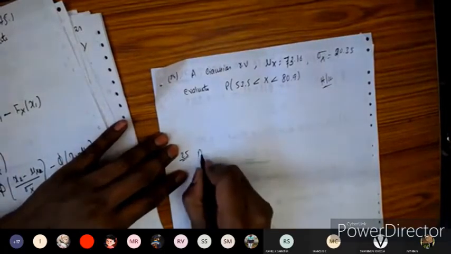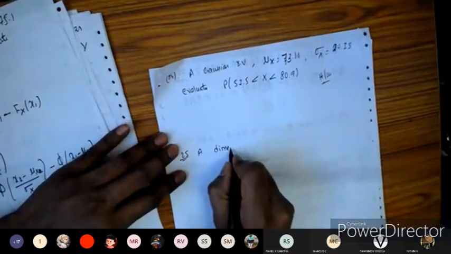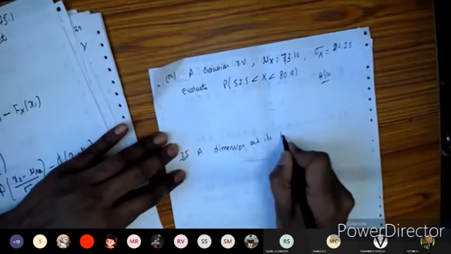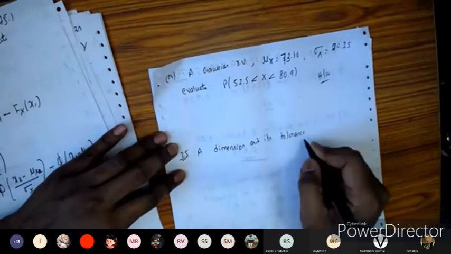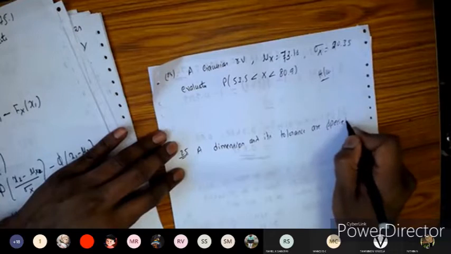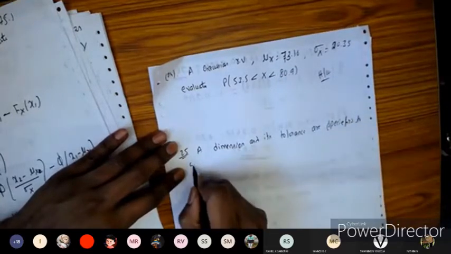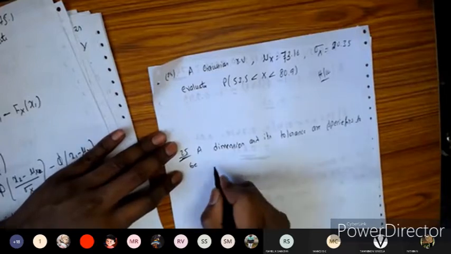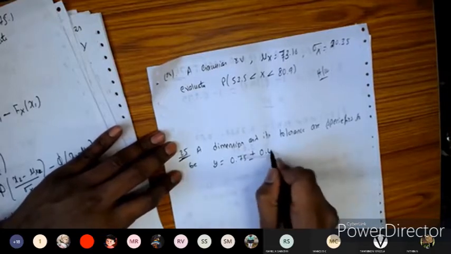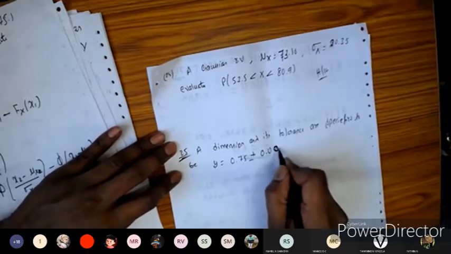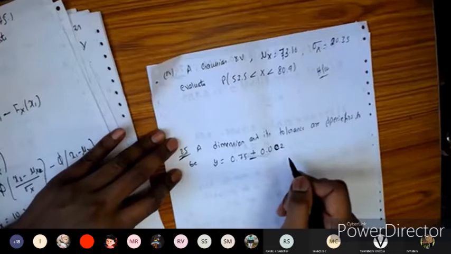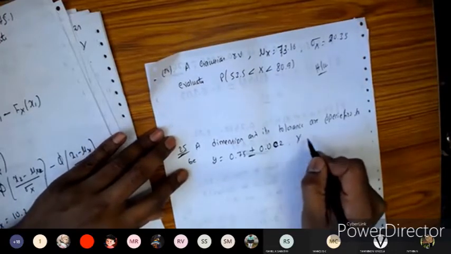A dimension and its tolerance are specified to be y is equal to 0.75 plus or minus 0.002.